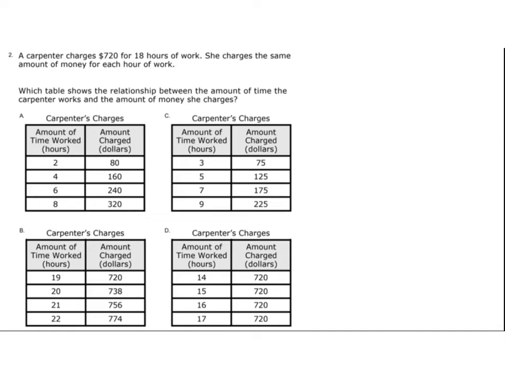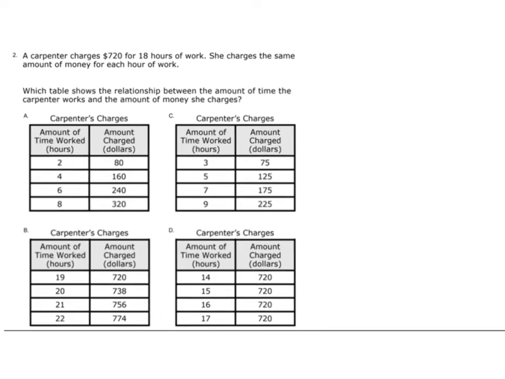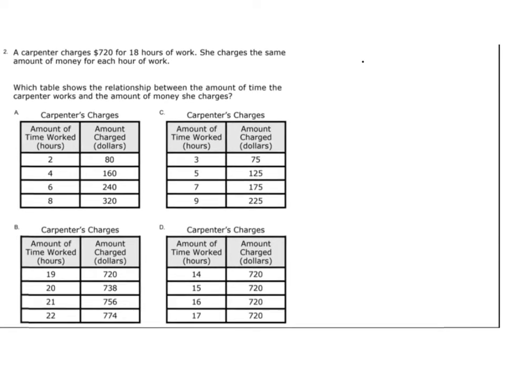So what I do, because I want to know how much she charges per hour, I'm going to go ahead and do 720 divided by 18. Well, I know 18 into 720 goes in 4 times, I believe.